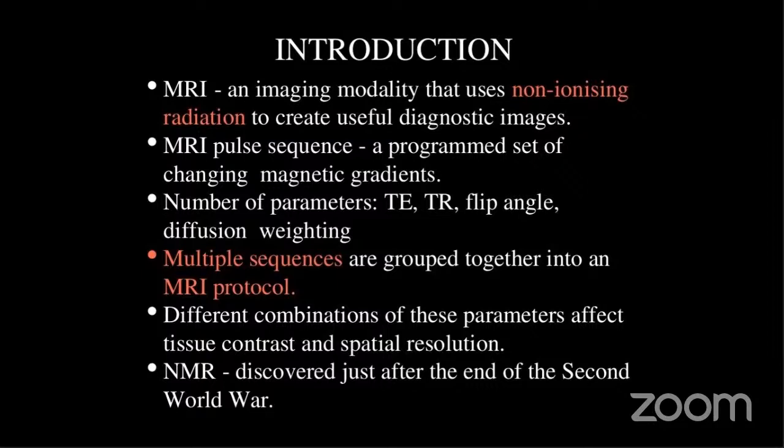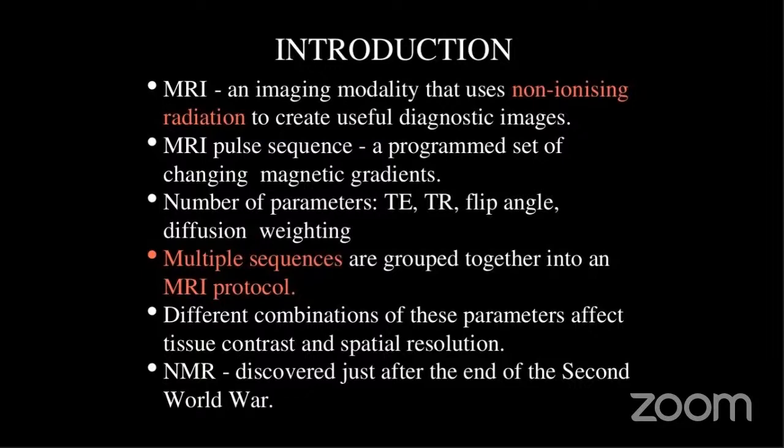So we have protocols specific for each pathology or each anatomical structure. What is an ideal protocol? How do you tailor an ideal protocol? Different combinations of these parameters affect the tissue contrast and spatial resolution.